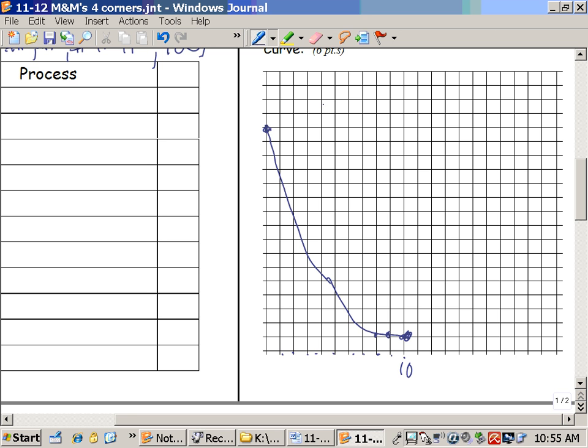My domain started at 0, and my domain ended at 10. Don't copy me. Make sure you write down what yours says. Mine went from 0 to 10. My range, what is my lowest number on my range?